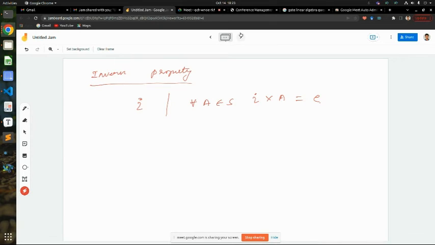Now, does the inverse property hold for S comma multiplication? Any thoughts?